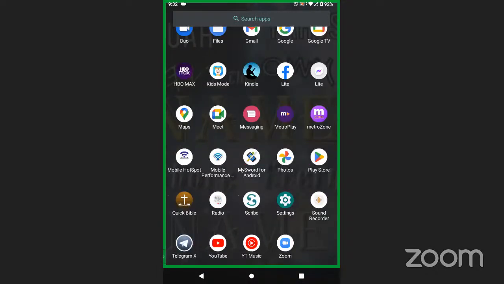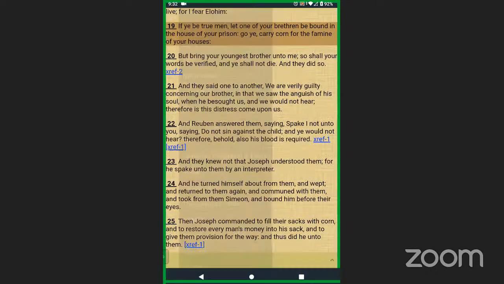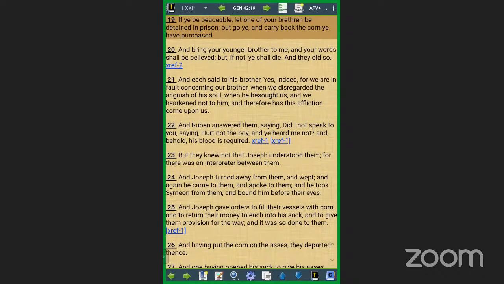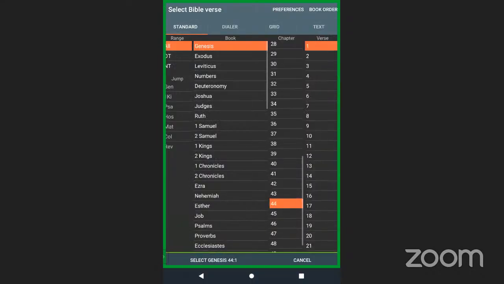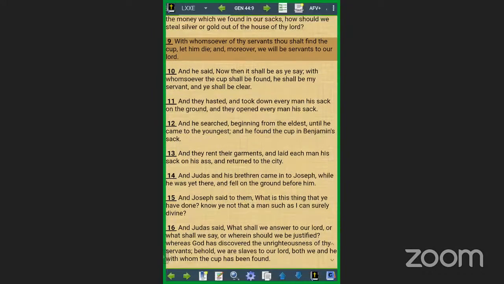So Genesis 44 verse 9. And with whomsoever of your servants you shall find the cup, let him die. Moreover, we will be servants to our master.